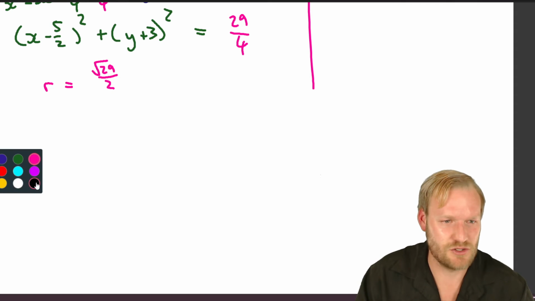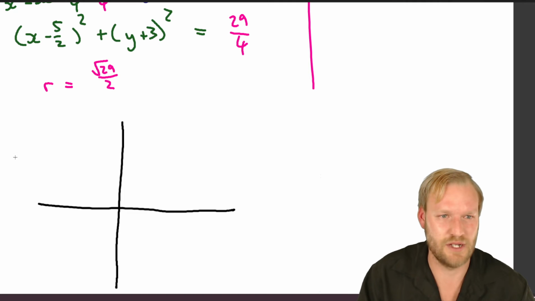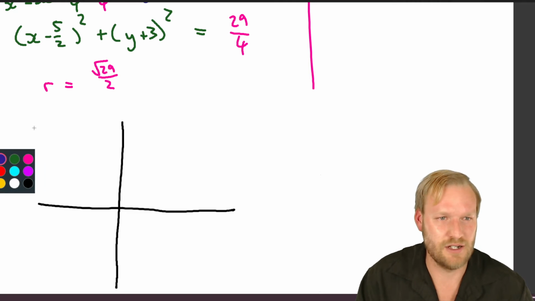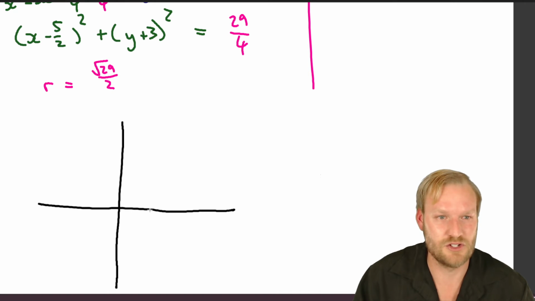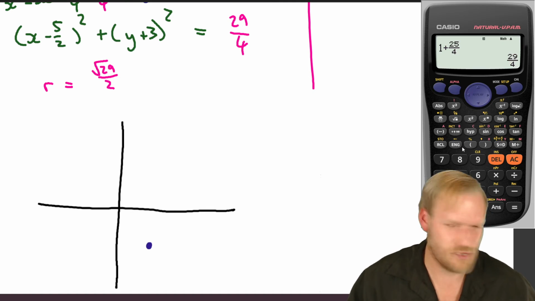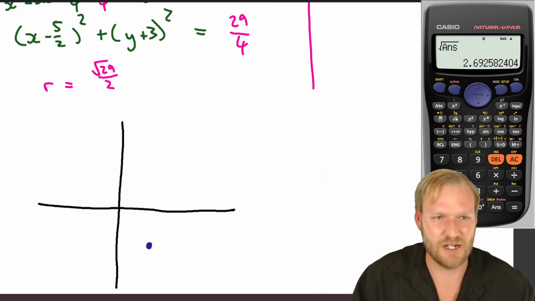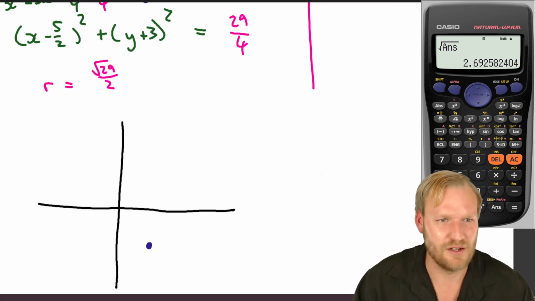Okay, so we might draw here and we go, well, here's our Cartesian plane. We know that our center is at positive 5 over 2, negative 3, so somewhere over there. Our radius is square root 29 over 2. Let's just see what kind of a number is that. Square root 29 is about 5 point something or other, so about 2 comma something or other.